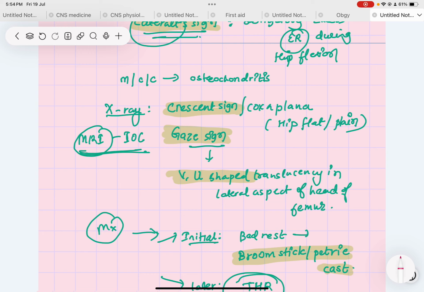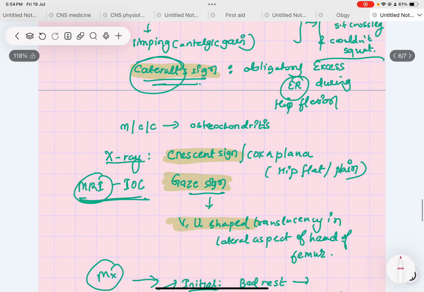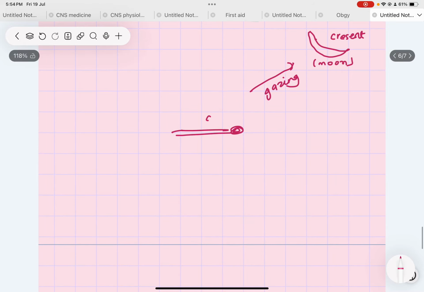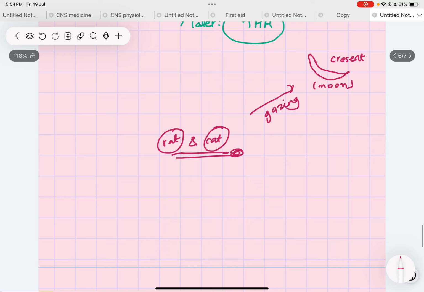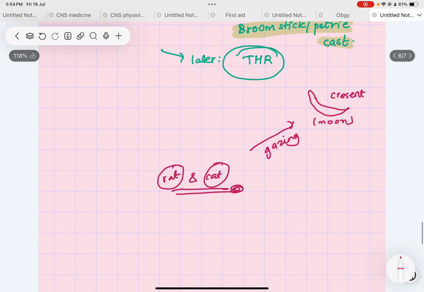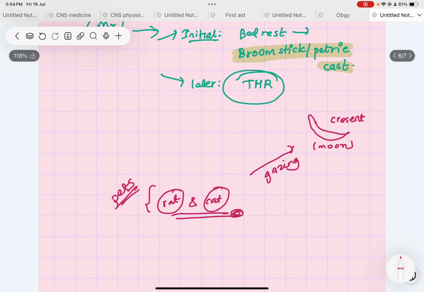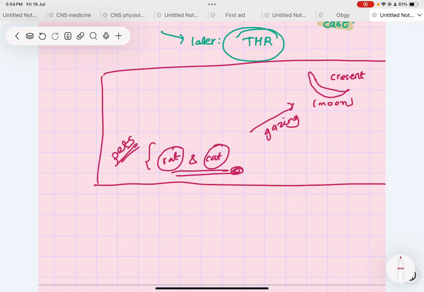What do you have in your mind when you are imagining Catterall? You are imagining a cat and rat. So you can imagine that one cat and rat is sitting here on a broomstick. Still Patrick. Patrick means, okay, they are pets. Yes, they are pets. So Patrick cast. You can remember this story, and by this I think you can remember Perthes.